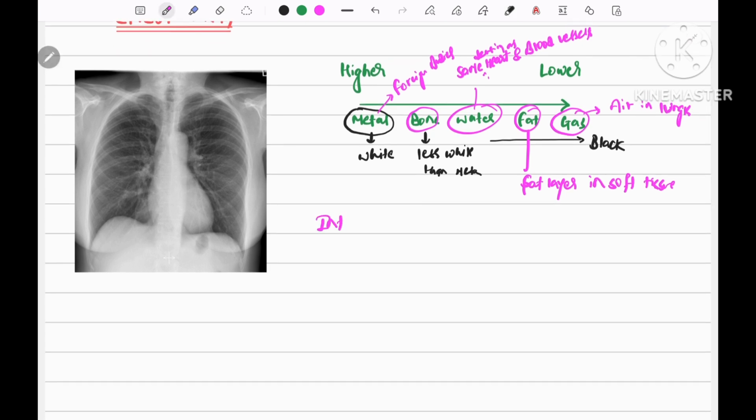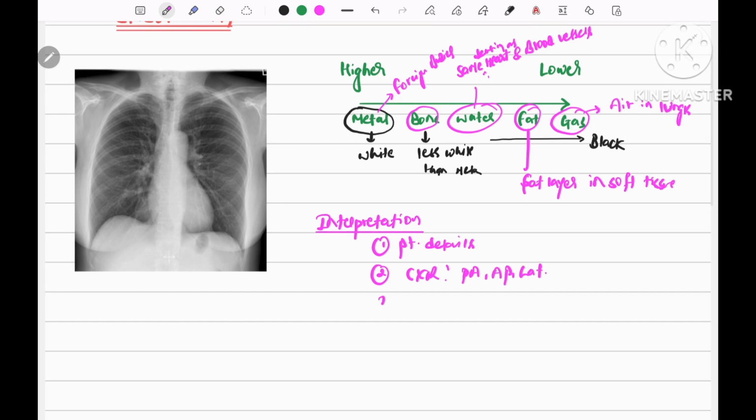Before doing the interpretation, we have to know the patient details. Then we have to know whether the chest X-ray is a PA view, AP view, or lateral decubitus view.